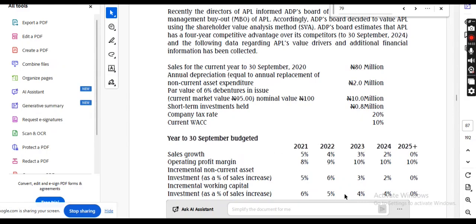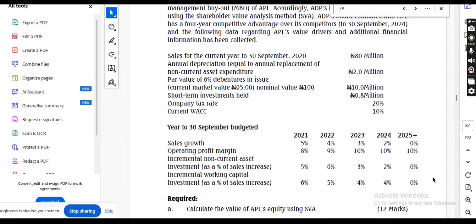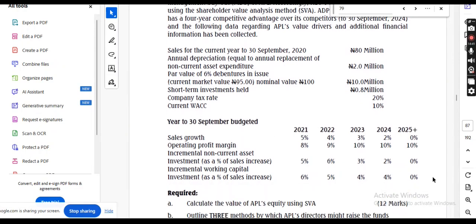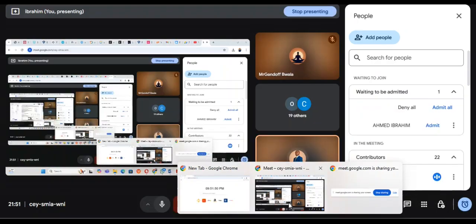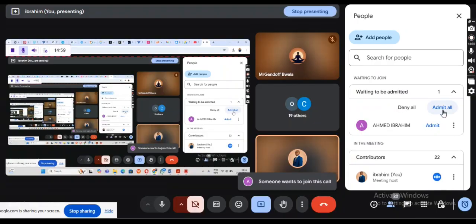The sales revenue goods. Now, what we want to do is to calculate the free cash flow to the firm. When we calculate the free cash flow to the firm, we will remove the debt element. Once we remove the debt element, we will have the value of equity. Class, am I communicating?